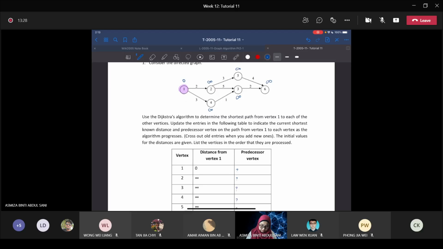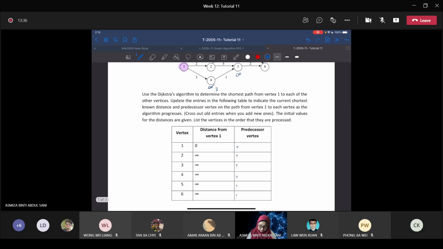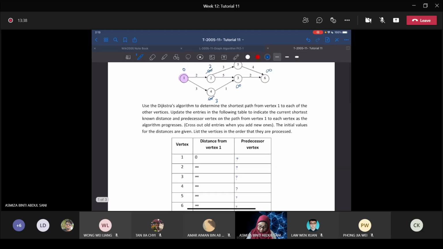So for node 2, the distance is 2, and for node 4 it becomes 3. We can also update the predecessor vertex as 1.